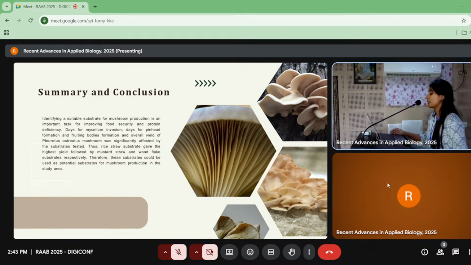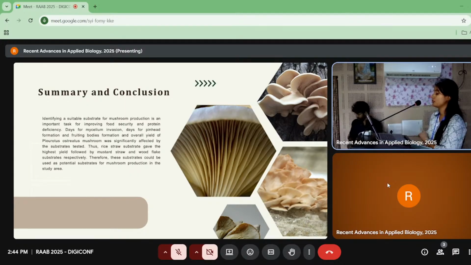Days for mycelia invasion, days for pinhead formation, and fruiting body formation, and overall yield of Pleurotus ostreatus mushroom were significantly affected by the substrate tested. As we can see, rice straw substrate gave the highest yield, followed by mustard straw. Therefore, these substrates could be used for mushroom production in the study area.